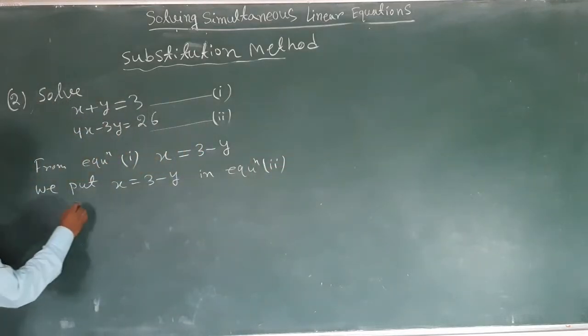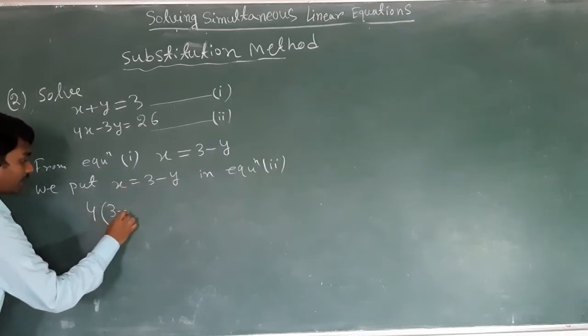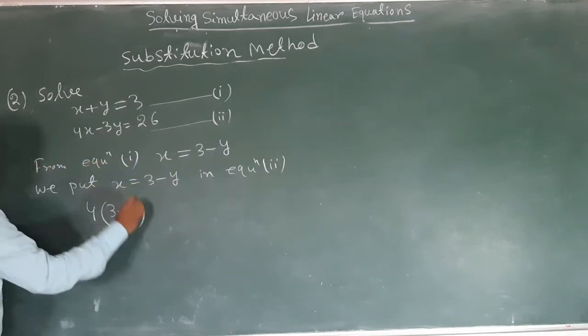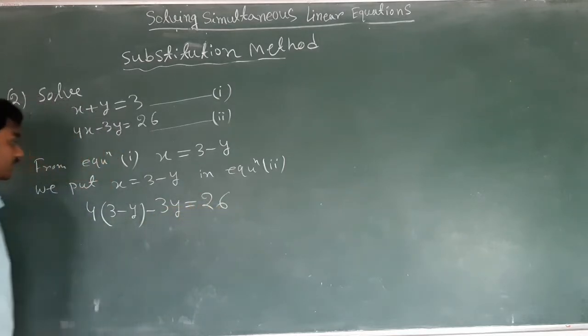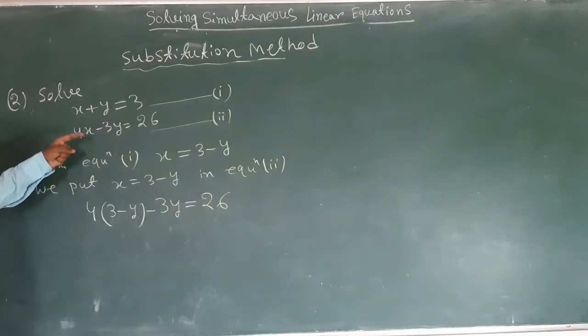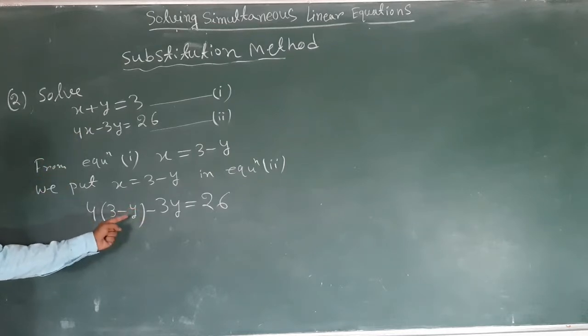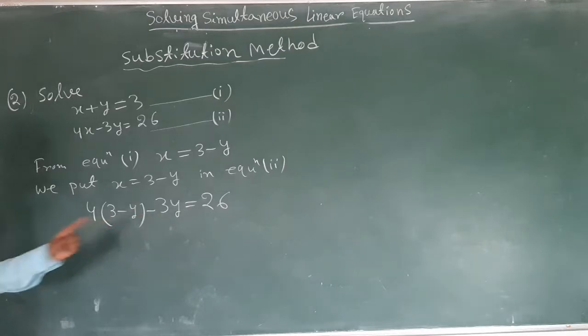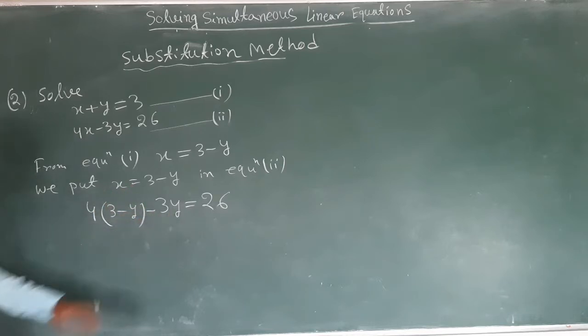Then we get 4 into the value of x, which is 3 minus y, minus 3y is equal to 26. Then the second equation becomes a linear equation in a single variable, that is y. If we solve this new equation, then we get the value of y.